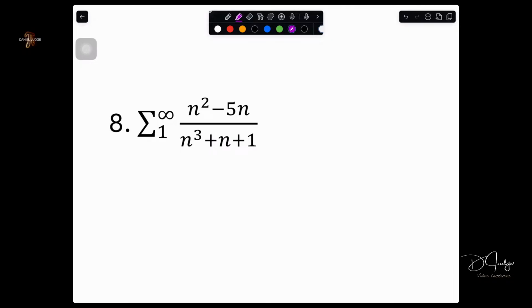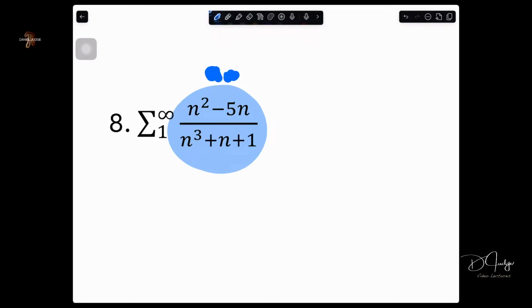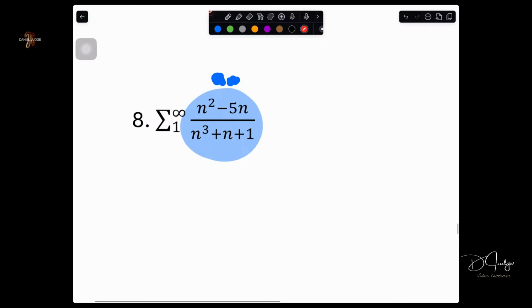Alrighty. So for this particular series, this will be my a_n. However, we're going to remove the non-dominating terms here, the constant and the n's. We're just going to work with the n squared over n cubed.